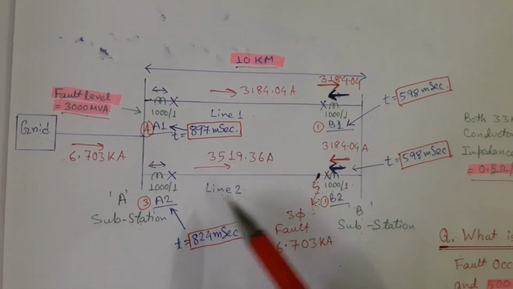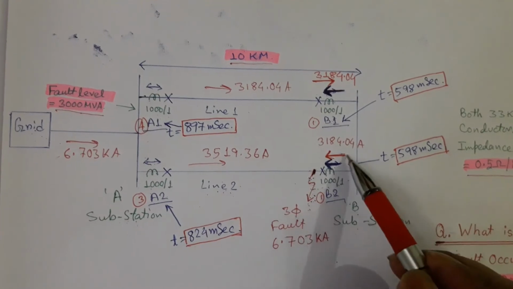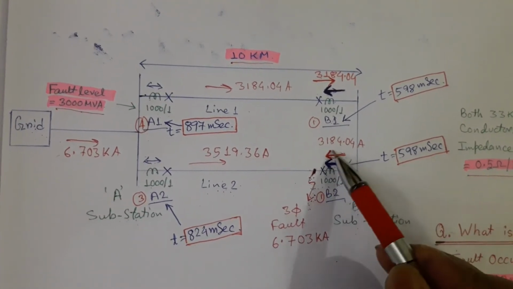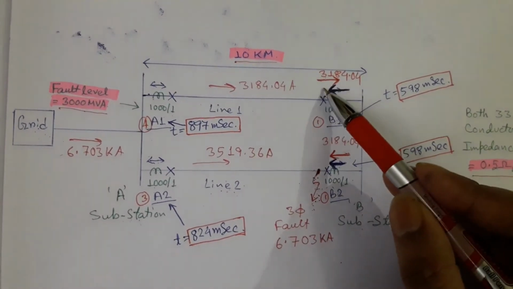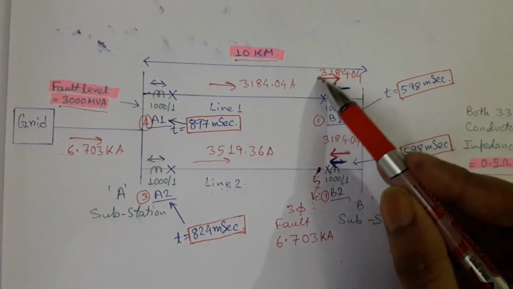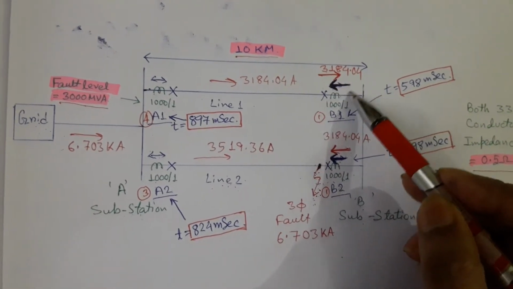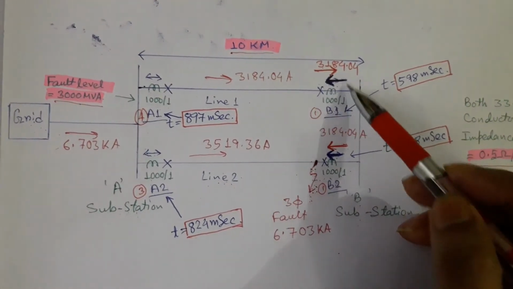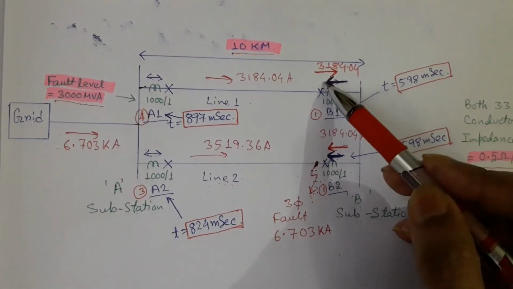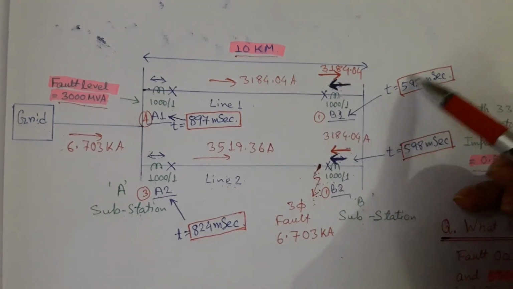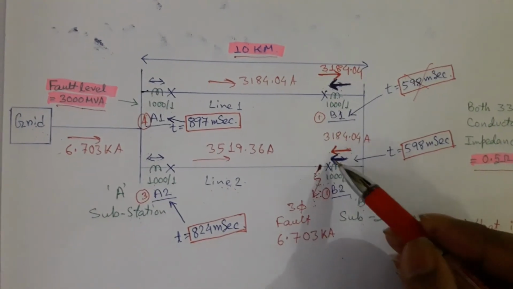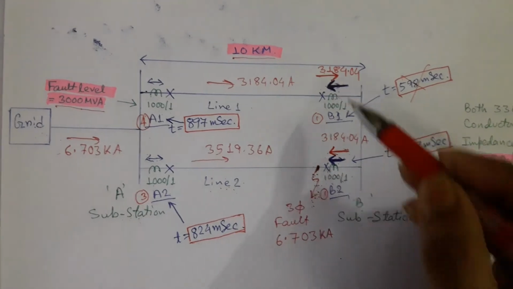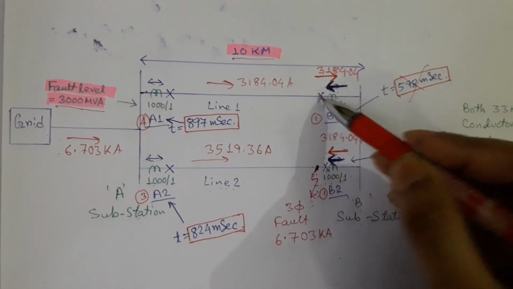But notice that fault current in line 2 is in direction of directional relay, whereas fault current in line 1 is in opposite direction of directional relay. So for this fault, in spite of fault current present and measured by relay, this relay will not trip. So this circuit breaker will trip and this circuit breaker will not trip.